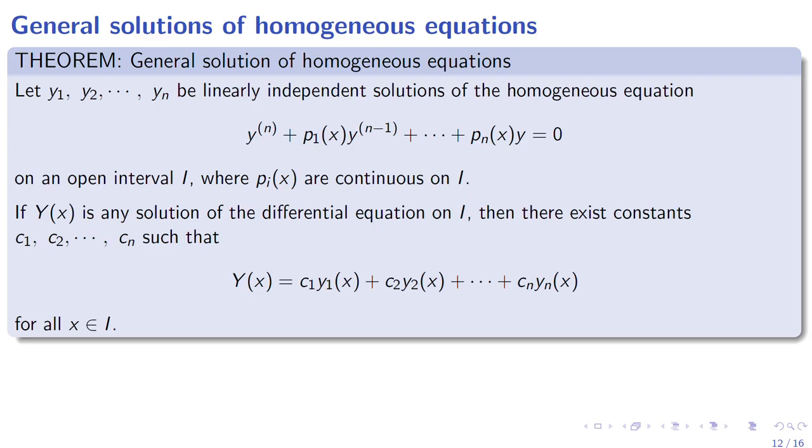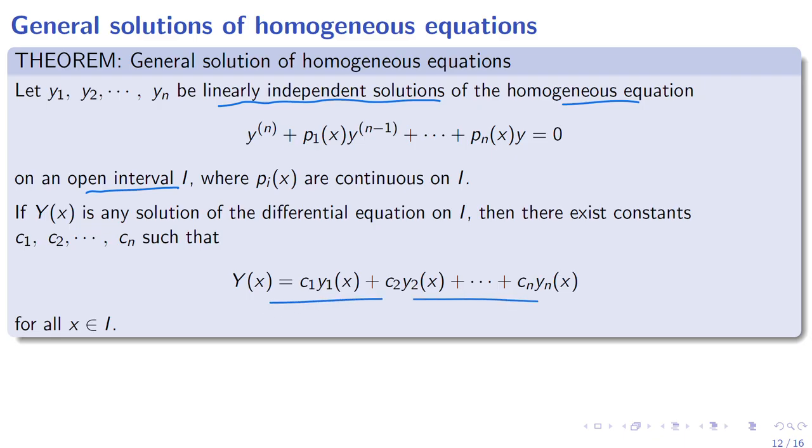The theorem says: let y1, y2, ..., yn be linearly independent solutions of the homogeneous equation on an open interval I, where these coefficient functions are continuous in this interval I. If y of x is any solution of the differential equation on this interval I, then there exist constants c1, c2, ..., cn, such that y is a linear combination of these y1, y2, ..., yn with these coefficients c1 to cn.